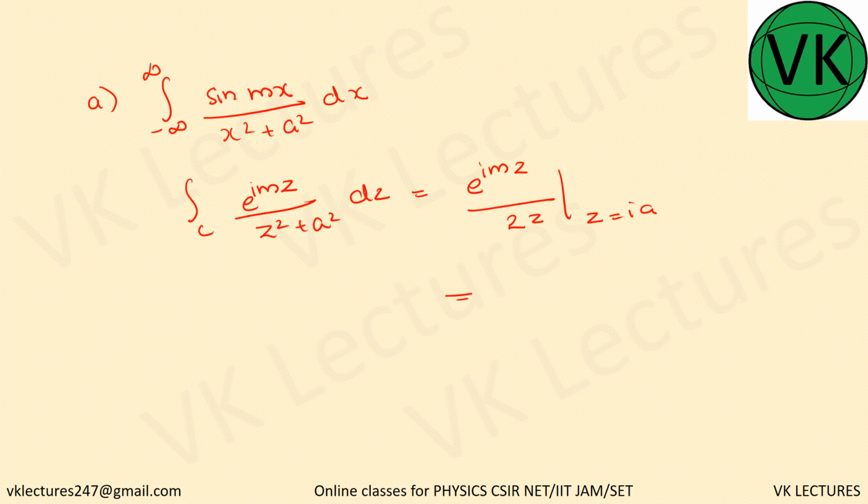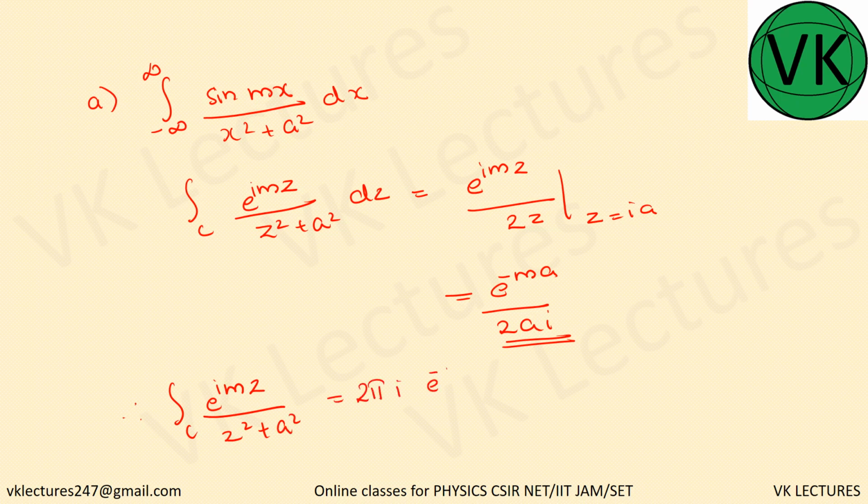So we got e raised to minus ma divided by 2ai. Therefore integral c e raised to i mz divided by z square plus a square is equal to 2 pi i e raised to minus ma divided by 2ia, that is equal to pi by a e raised to minus ma.